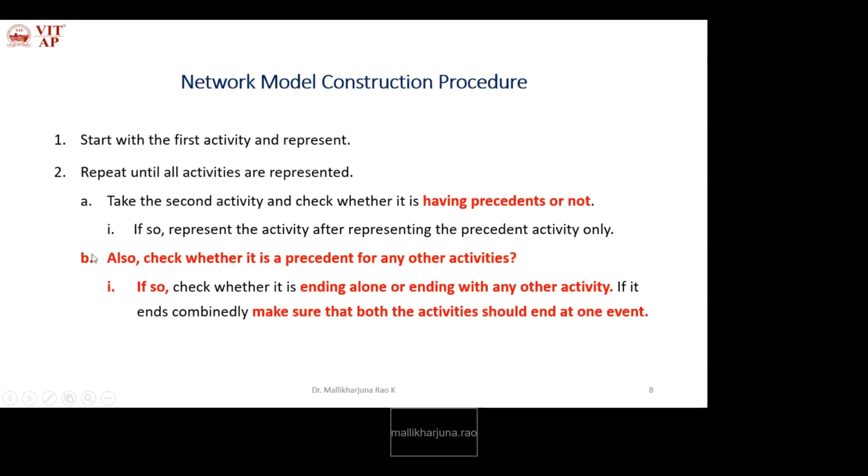So repeat these two steps, A and B. Take the second activity and check whether it has a precedence or not. While representing the second activity, we need to check whether it depends on any other activities or not.